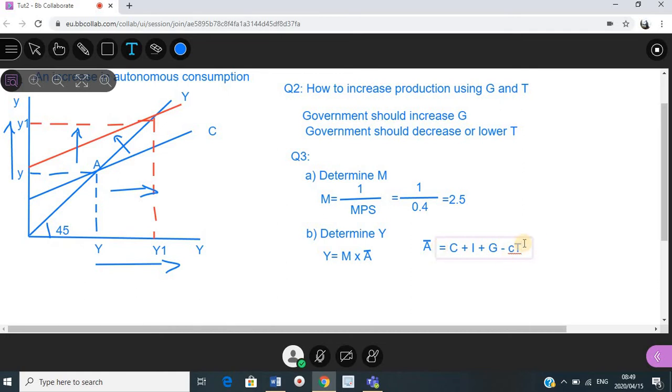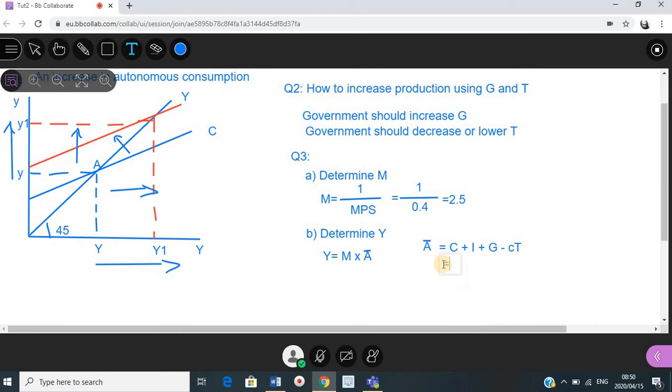This is derived from the disposable income. In our next tutorial, or in part 2 of this tutorial, I will show how it comes about.